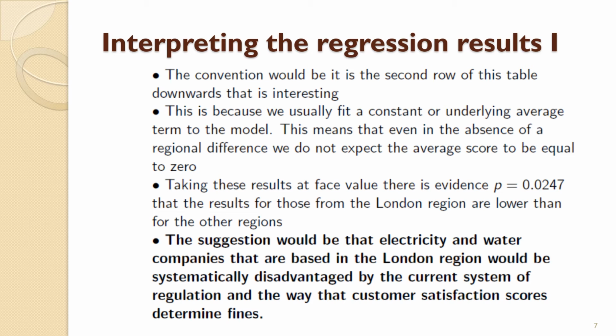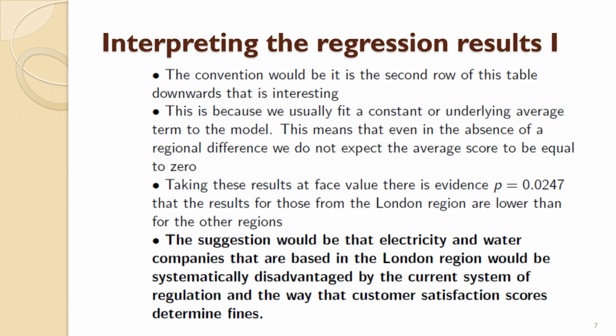Okay, and then as we said before in the previous slide, taking the results at face value, there's evidence, p equals 0.0247, that the results for those from the London region are lower than for the others. Now this is important again because this is a genuine data problem that comes from an industrial application.